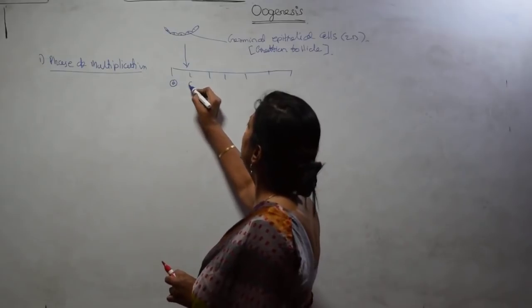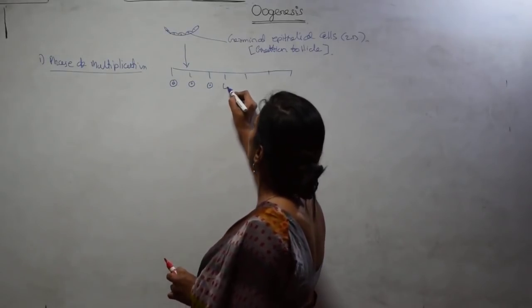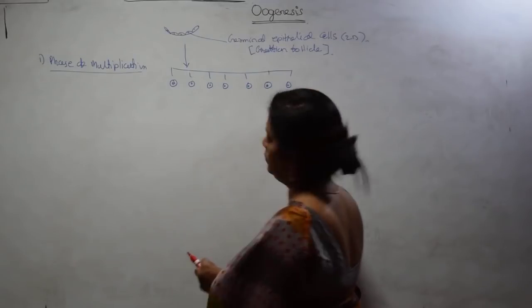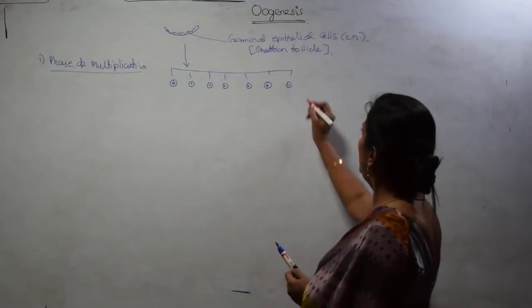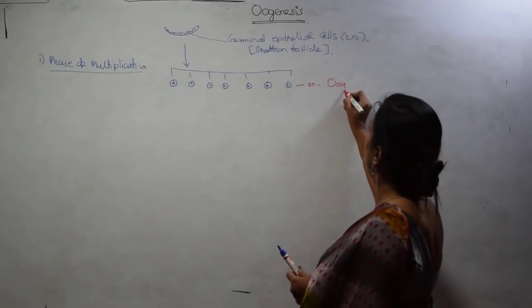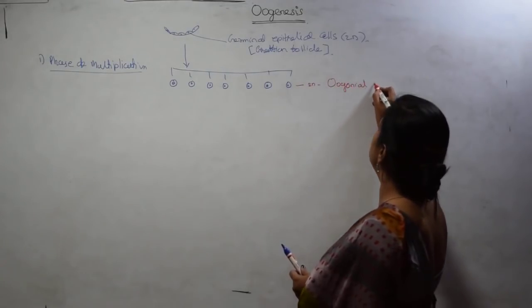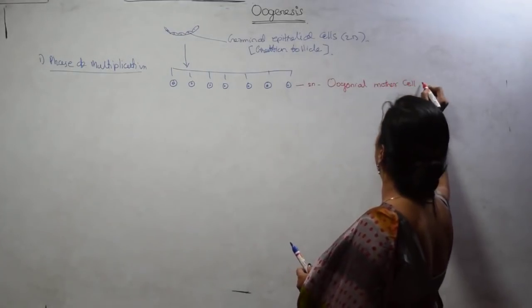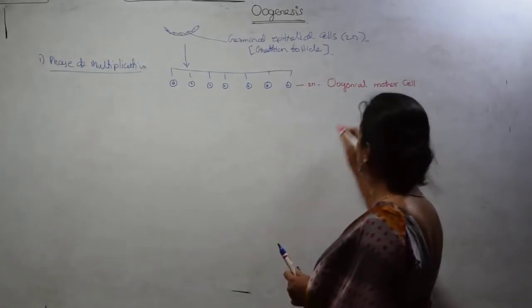These are nothing but the oogonial mother cells, or oogonia. Let me write first how they are. They are diploid in nature. These are called oogonial mother cells or oogonia.